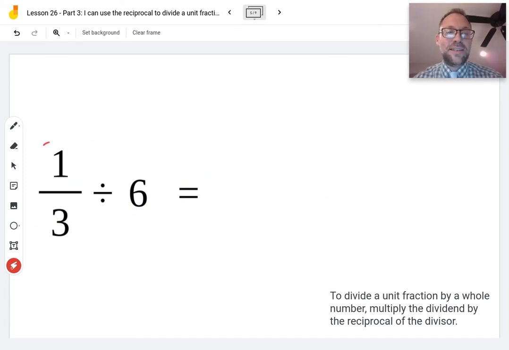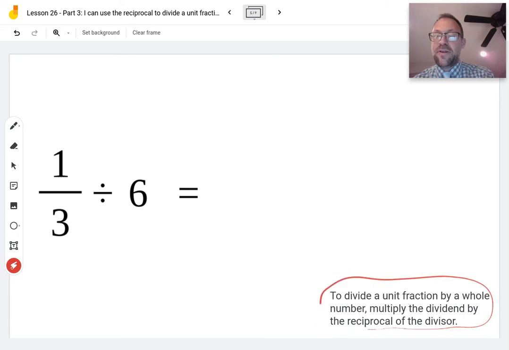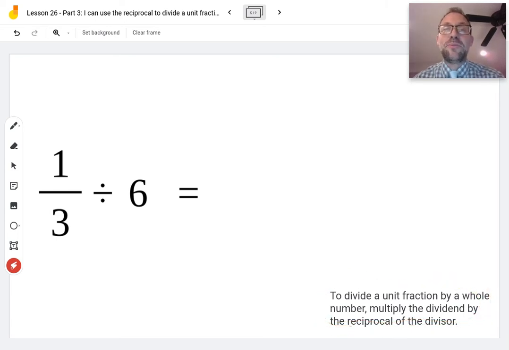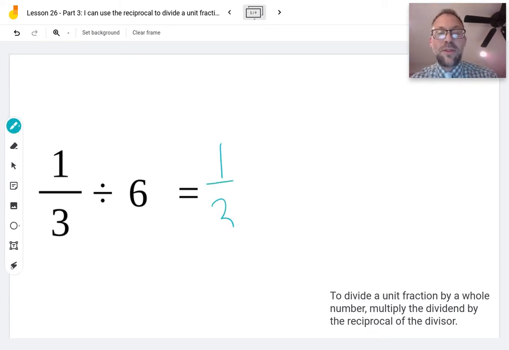Here, our dividend is 1/3, and we're dividing it by our divisor 6. So we're going to start by rewriting 1/3 and then changing the division sign to multiplication.